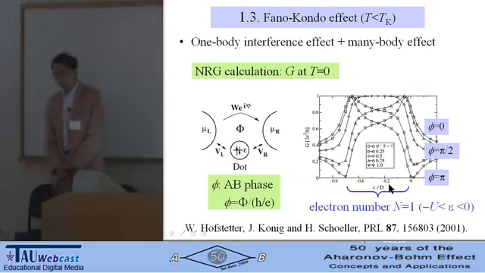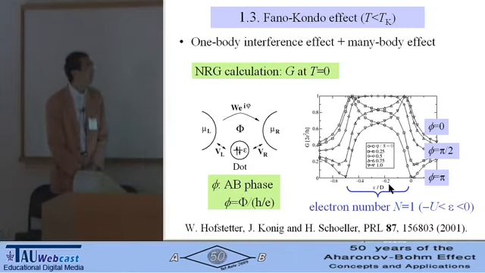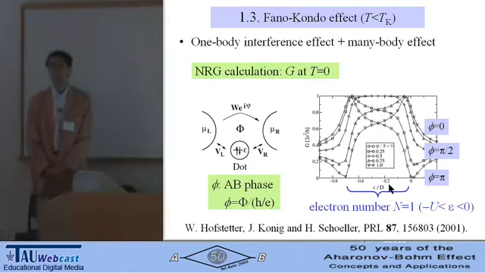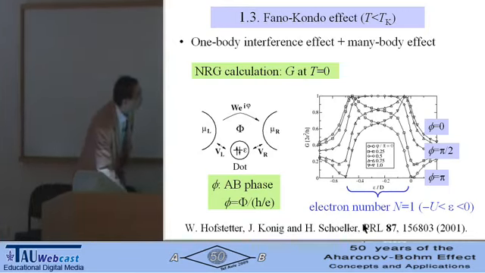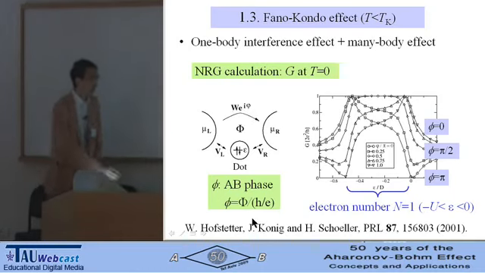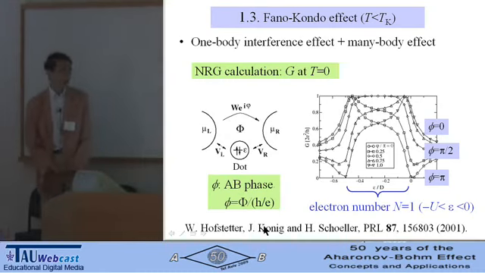In the presence of the Kondo effect, we have one-body interference effect, so Fano effect, and also many-body resonant effect, Kondo effect. So this is the theoretical result by Hofstetter and co-workers using this model. And here phi is the AB phase corresponding to the magnetic flux penetrating the ring.